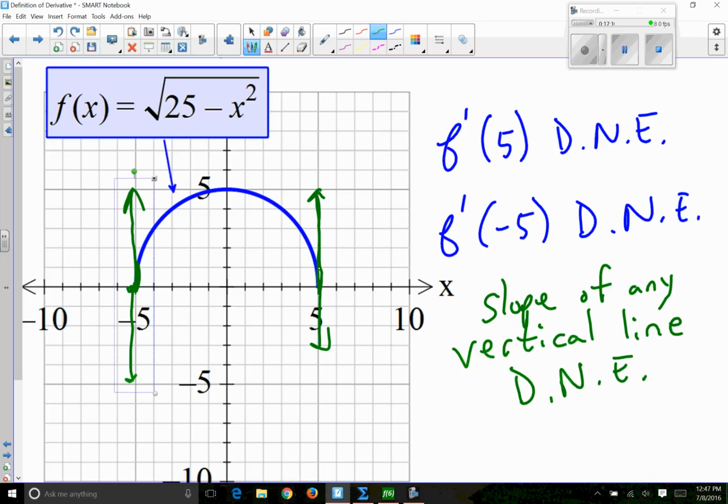So the derivative, which is the slope of a tangent line, would not exist for this function, but only at 5 or at -5. It would be possible to draw a tangent line with slope at any other point on the blue curve.